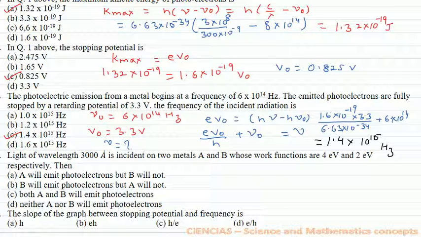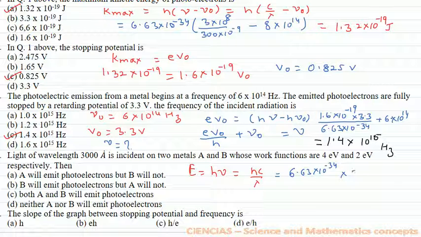So for this question, we know that the energy required, E, is equal to h nu, or that is equal to hc by lambda. Now the value of h is 6.63 into 10 to the power minus 34.